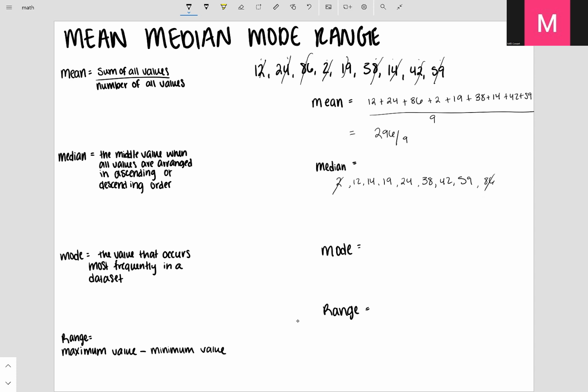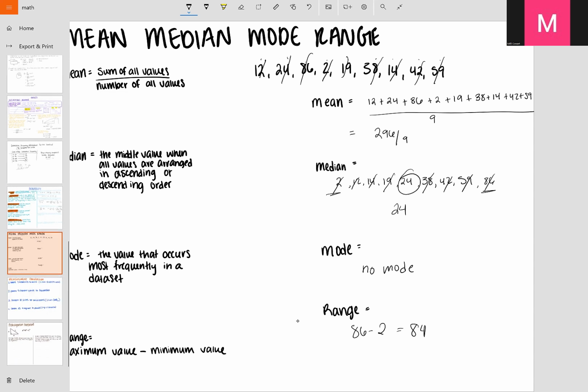And now we can find the middle value, which is 24. And we have no mode because no number is repeated. And the range will be 86 minus 2, the largest value minus the smallest value, which equals 84.